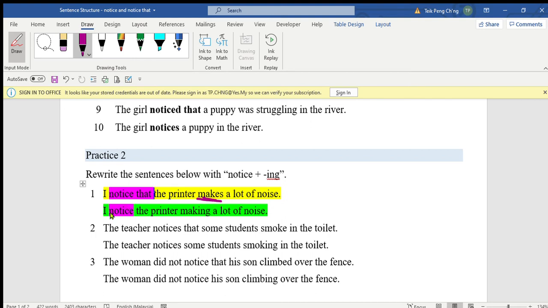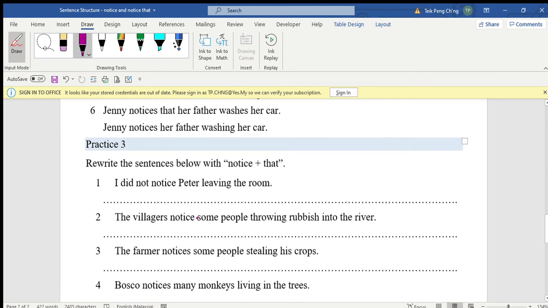But if you want to use notice with a sentence as the object, you need to use the ing form of the verb. Okay, now practice number 3. Rewrite the sentences below with notice that.